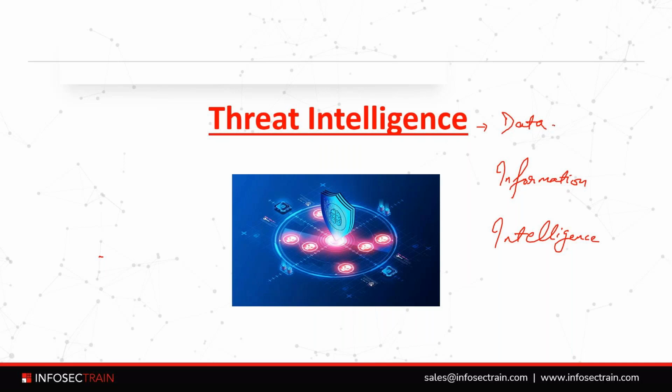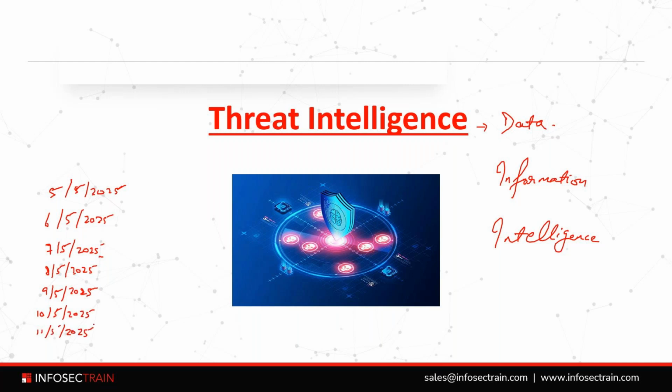For example, I'm writing something: 6/5/2025, 7/5/2025, 8/5/2025, 9/5/2025, 10/5/2025, and 11/5/2025. By just looking at them, what do you think these things are?